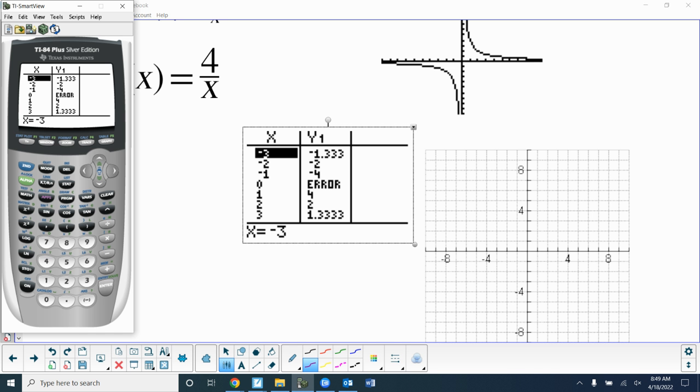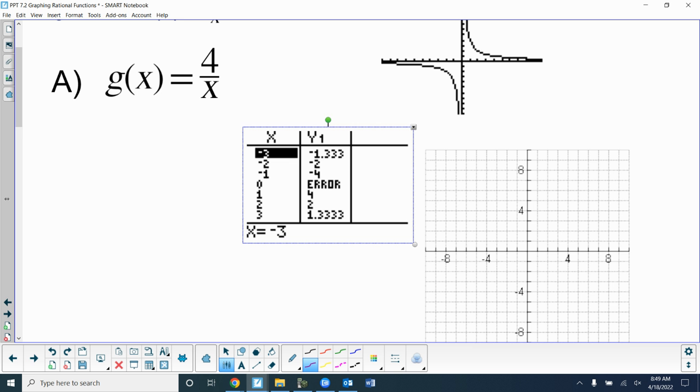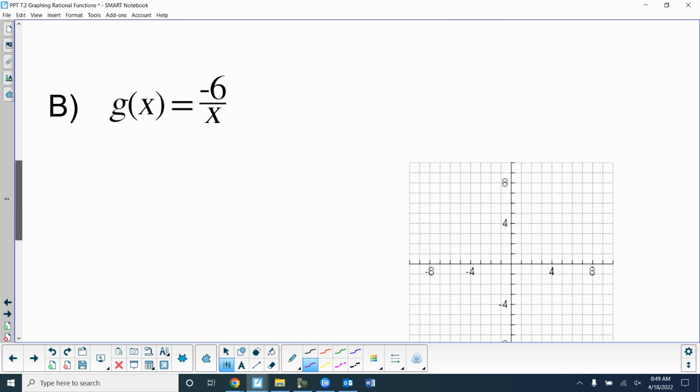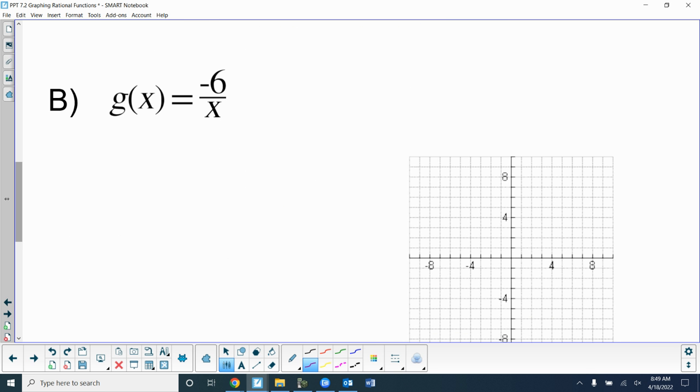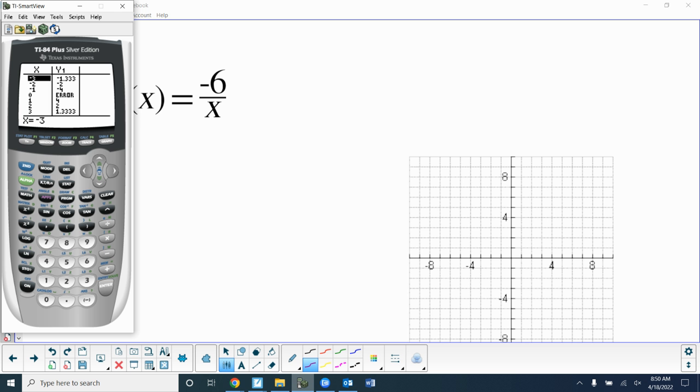All right, so that was 4 over x. All right? The next one was -6 over x. So what do you think is going to happen with that negative? Well, let's see. It'll invert them to the other end. Yeah, we've been in the first and the third quadrant. It's probably going to switch it to the second and the fourth. All right, let's see if we're thinking right. So -6 divided by x, we'll have to re-type it in because of the negative sign.